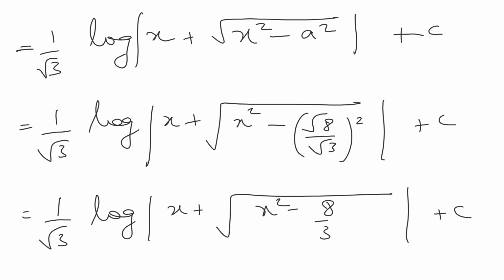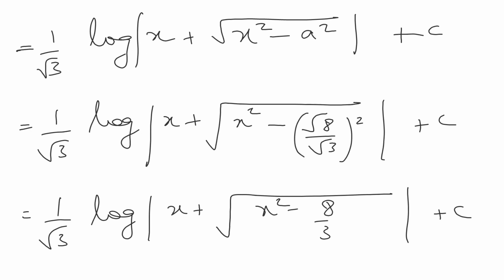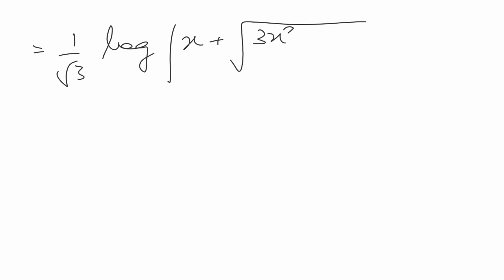Now within the root we'll take LCM and wind up the problem. So 3x square minus 8 upon 3, plus c. Now if you find a different answer in the textbook, don't panic. This is also right.